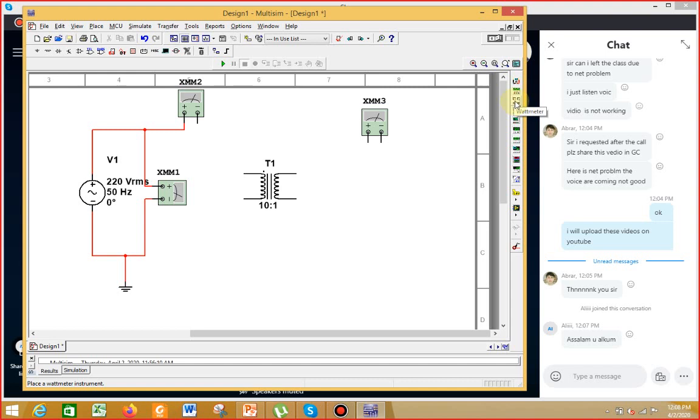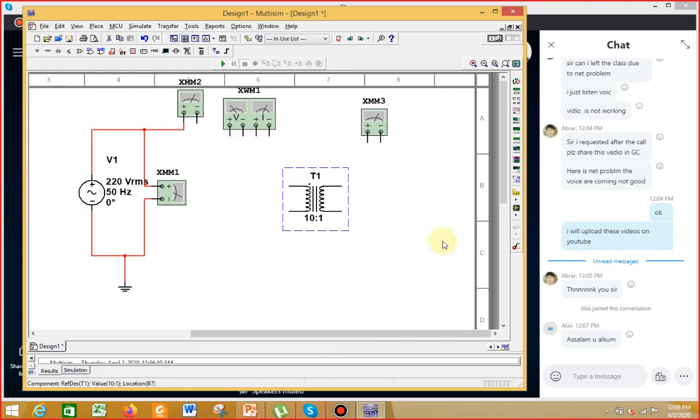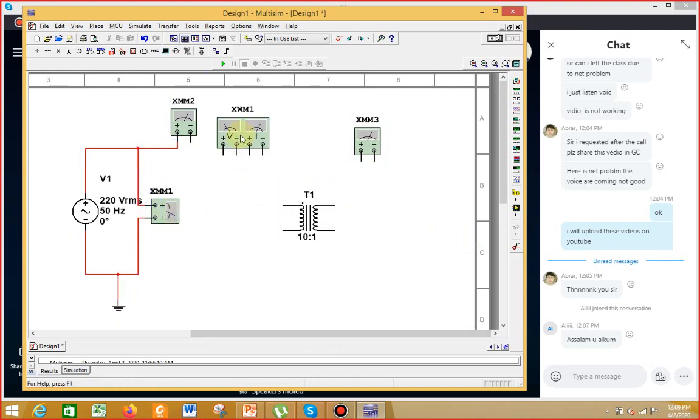See, on the right side you have a toolbar and you can connect this wattmeter here. In the wattmeter you can see that you have two connections for V and two connections for I. V is the voltage and I is the current.